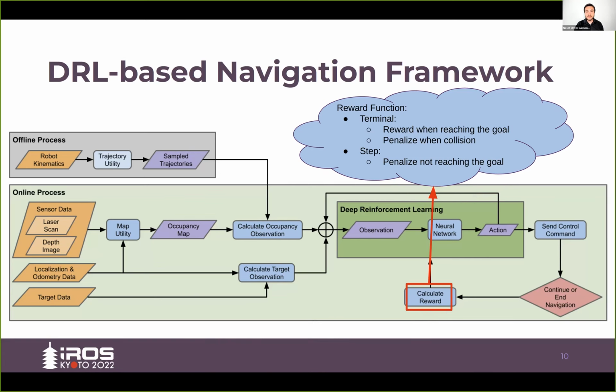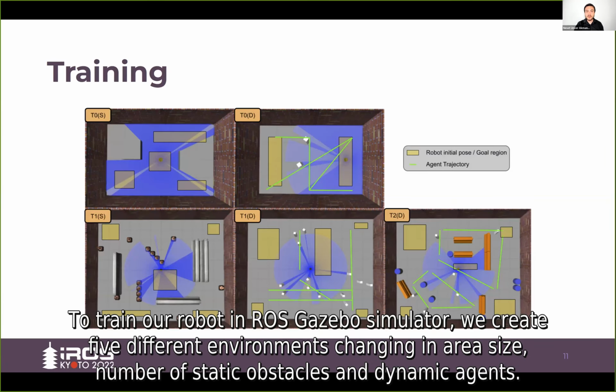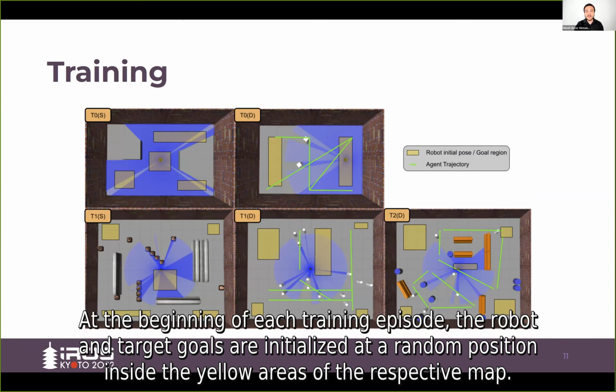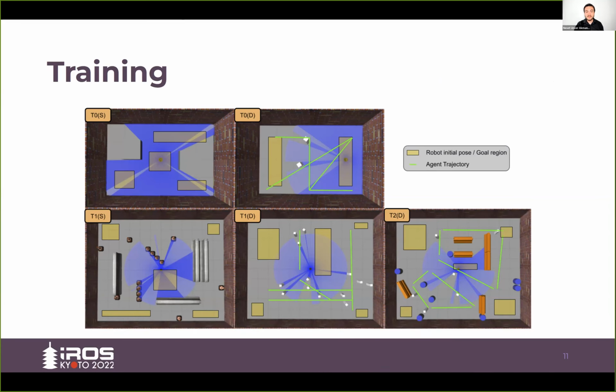To reduce the training time in which the robot might inefficiently spend exploring its state space, we also define a negative step reward. To train our robot in the ROS Gazebo simulator, we create 5 different environments changing in area size, number of static obstacles, and dynamic agents. At the beginning of each training episode, the robot and target goals are initialized at random positions inside the yellow areas of the respective map.